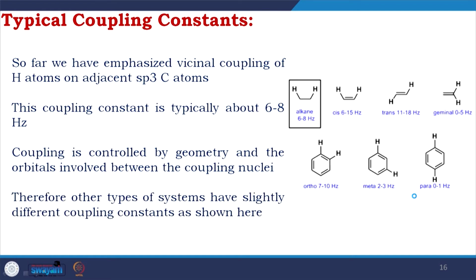Other types of systems have slightly different coupling constants compared to the alkane, which is 6 to 8 Hertz. In a double bond, cis is 6 to 15 Hertz depending on the situation, trans 11 to 18 Hertz, geminal between 0 to 5 Hertz. For aromatic rings, ortho is 7 to 10 Hertz, meta 2 to 3 Hertz, para 0 to 1 Hertz.